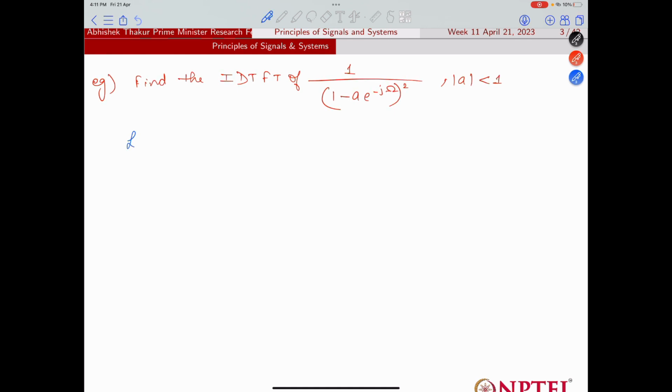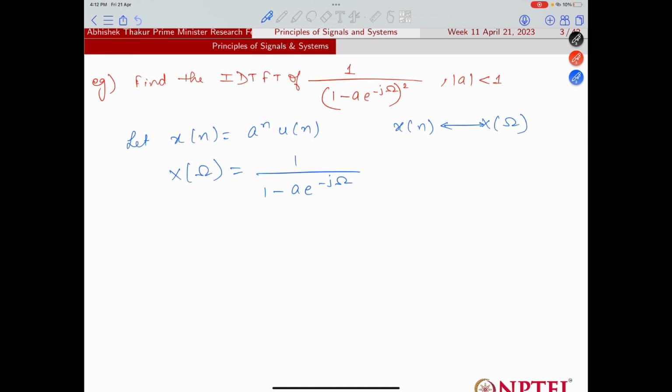First of all, we will assume that x of n is equal to a to the power of n u of n. After this assumption, if you find the discrete time Fourier transform, then X of omega will be 1 by 1 minus a e to the power of minus j omega. So x of n and X of omega form the discrete time Fourier transform pair.